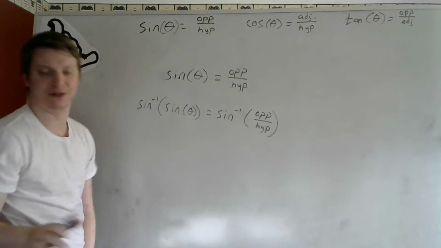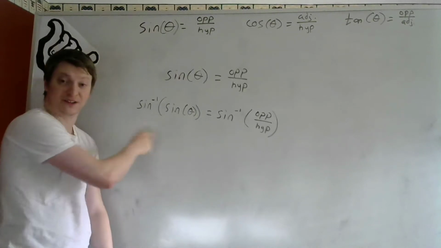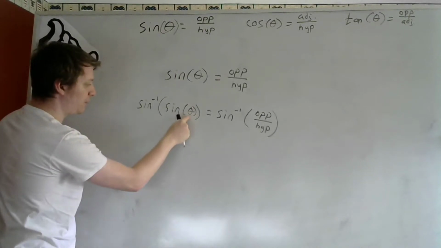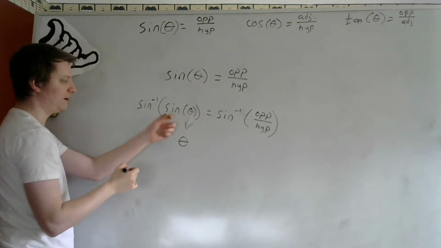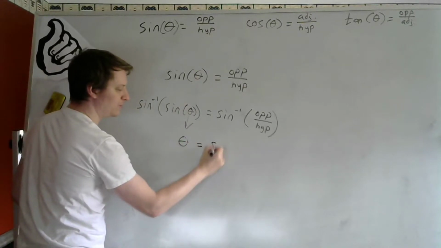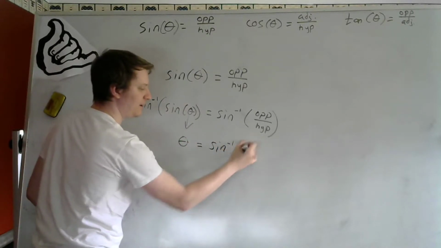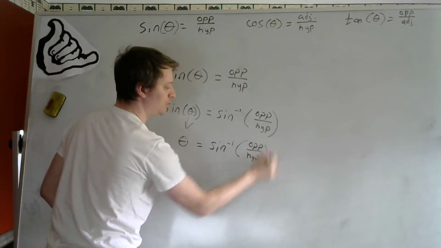It's not completely perfect, but for the sake of our geometry class here, it undoes itself, and we get left with just this angle. So the inverse sine of the sine leaves us with the angle. So now theta is equal to the inverse sine of the opposite over hypotenuse.